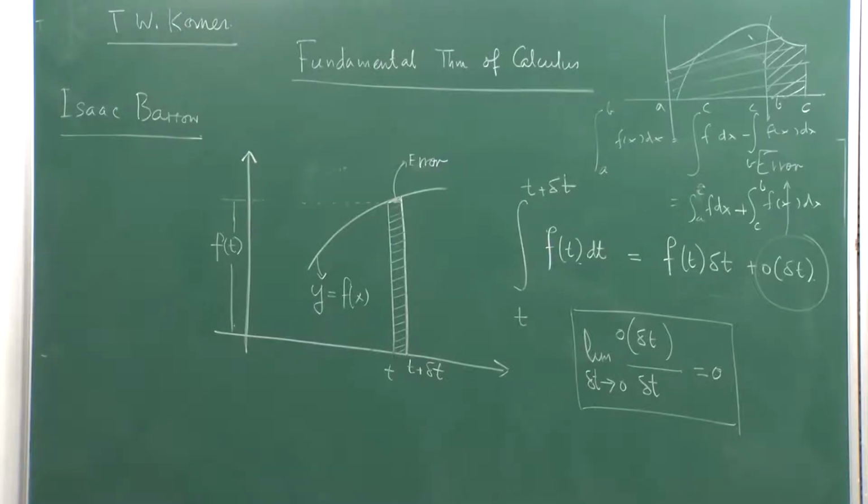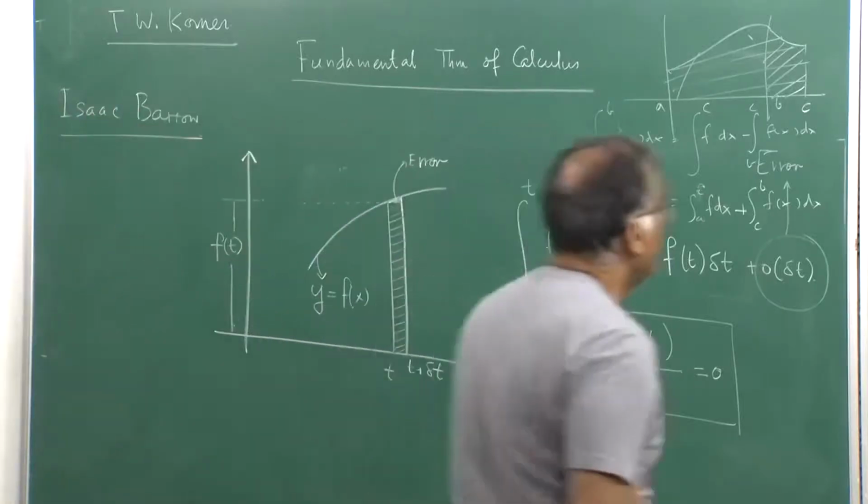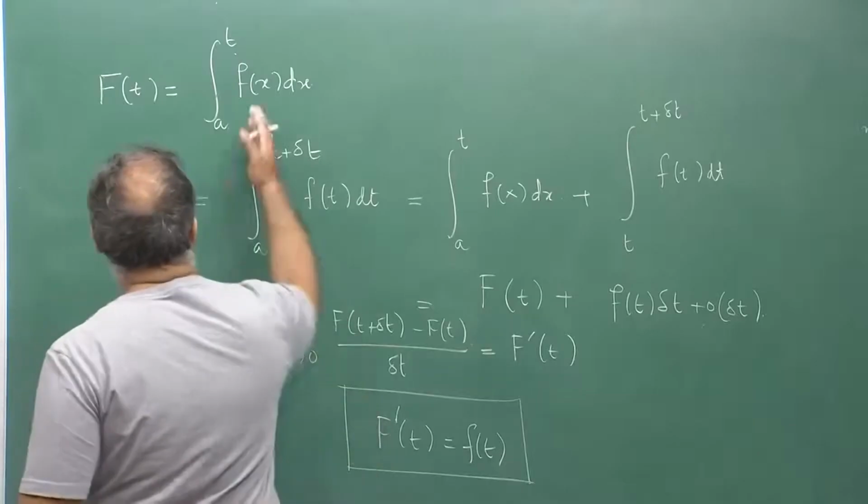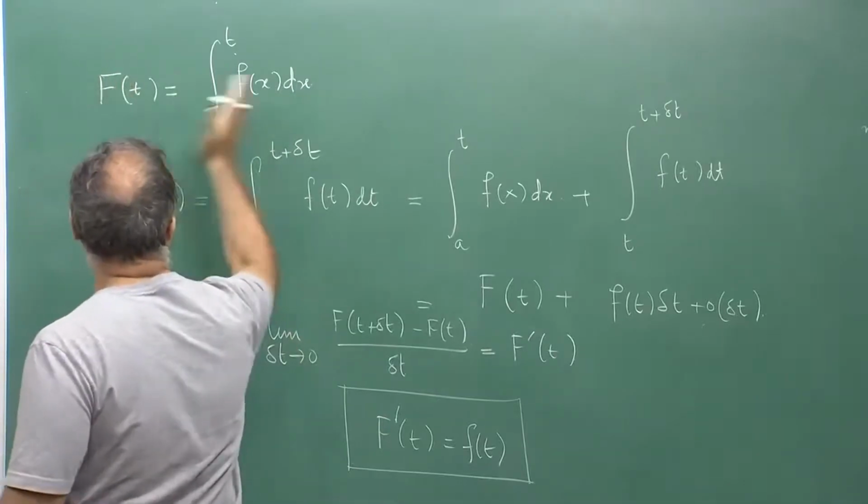There is a tremendous tendency to think that integration is a reverse process of differentiation. That is okay: if I want to integrate this, I have to find a function whose f dash t should be f.